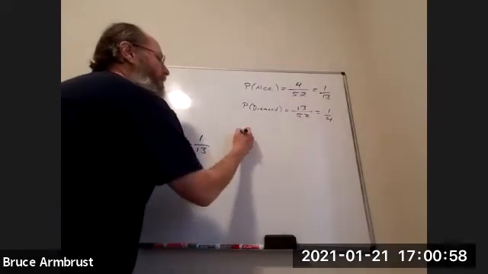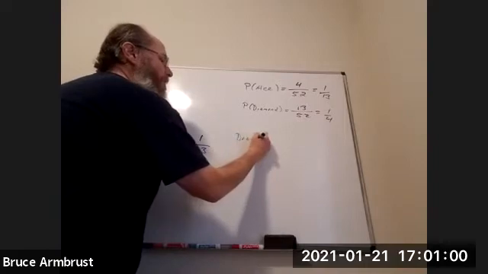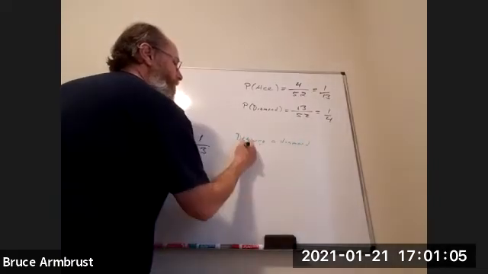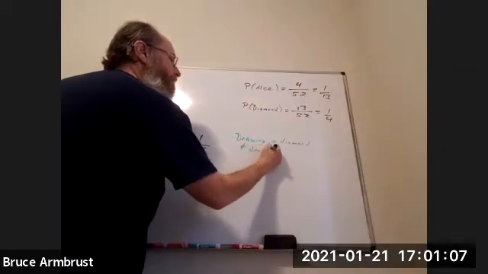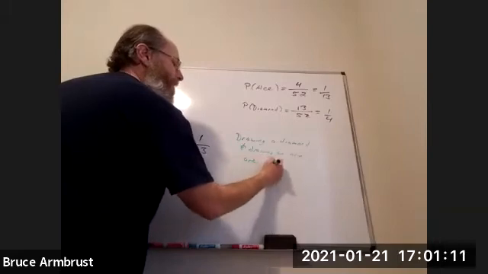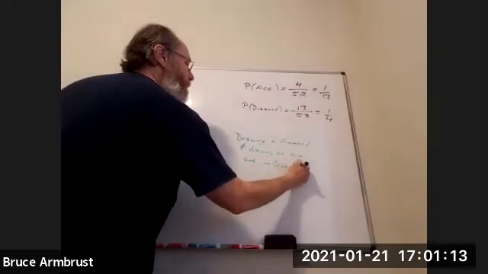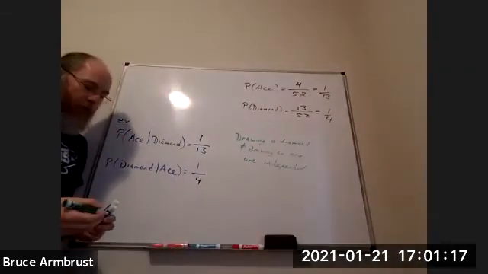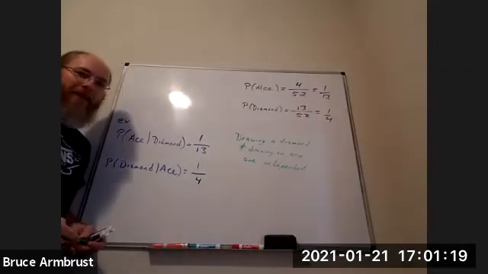So drawing a diamond and drawing an ace are independent, meaning one of them does not affect the other.